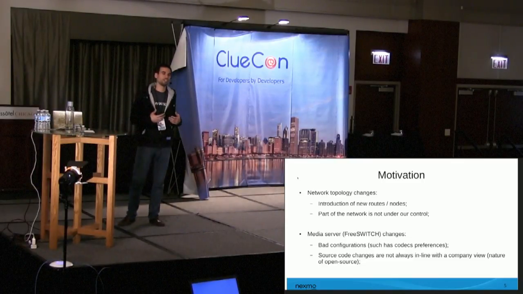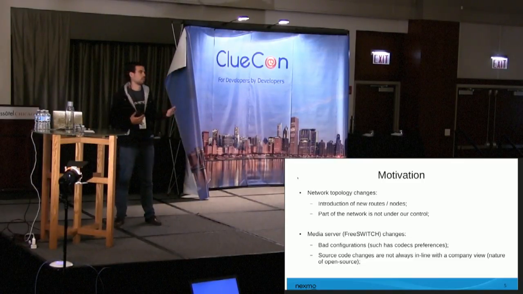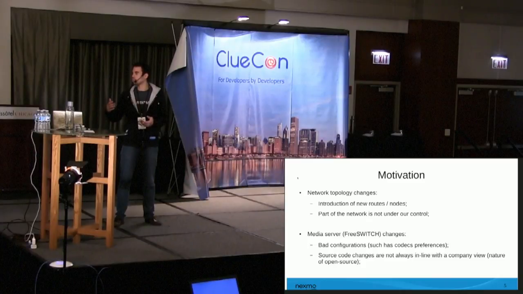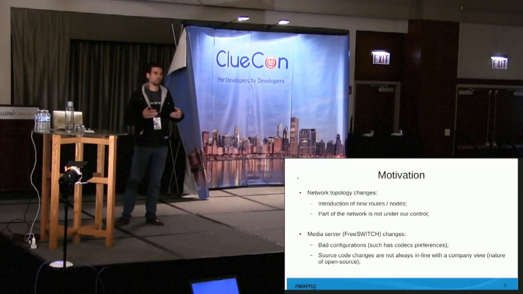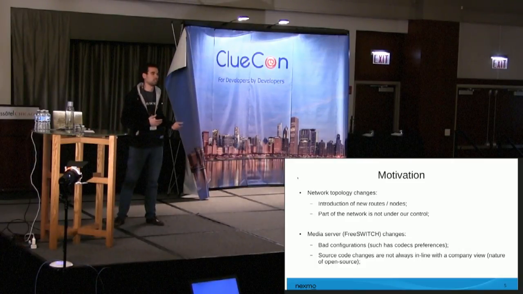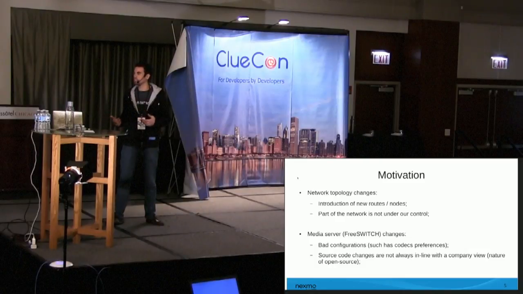It can be either us making changes on our network, like adding a new server or adding a new route or changing a route, or even changes on parts of the network that we're not in control of. So our providers may change things on their network, affect our customers, and we're not even aware of it.